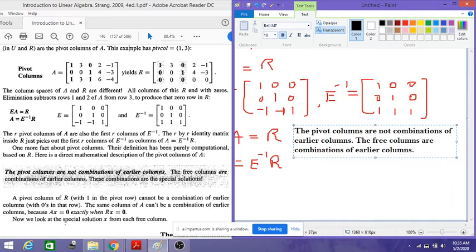So these combinations are the special solutions. That's it.